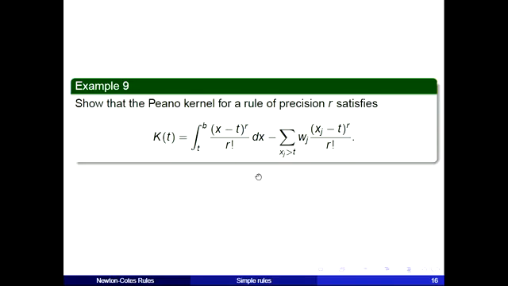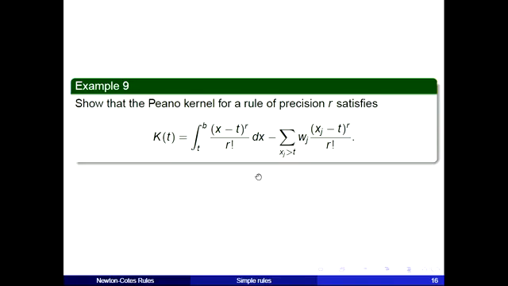You have K(t), t to b, and x minus t, because r is 1, so you don't have anything here. And then the sum over xj bigger than t, xj minus t, times wj. Now the case when t is bigger than a plus b over 2.